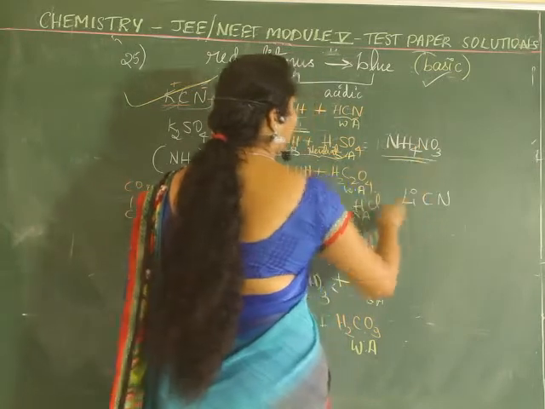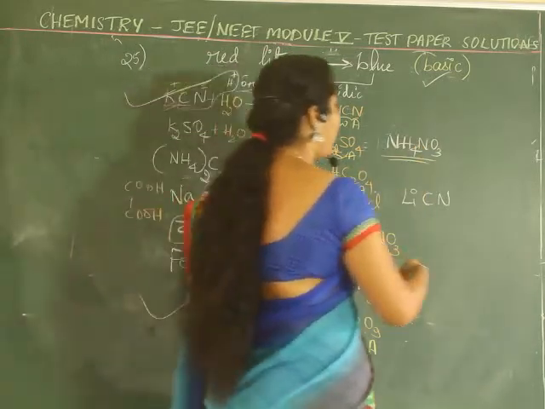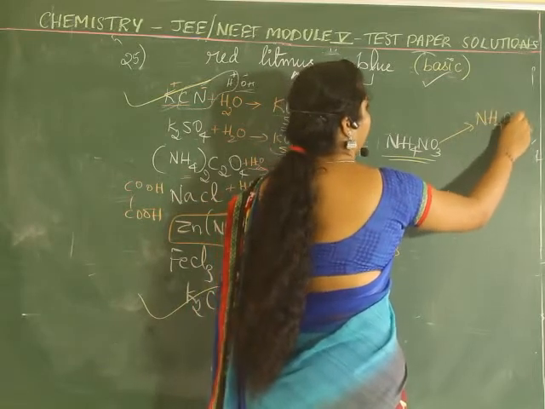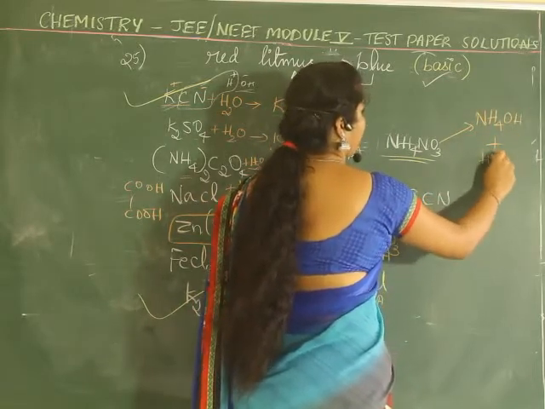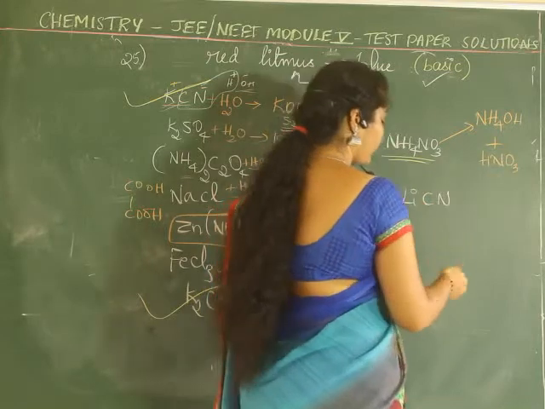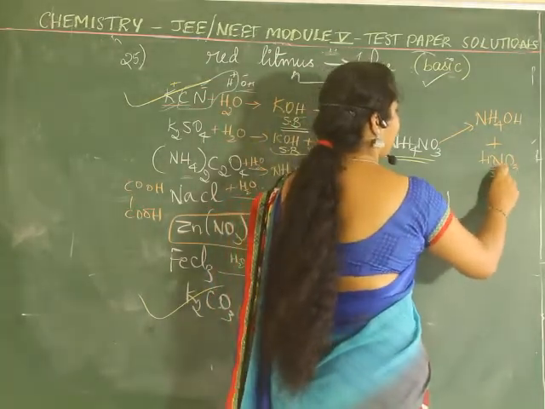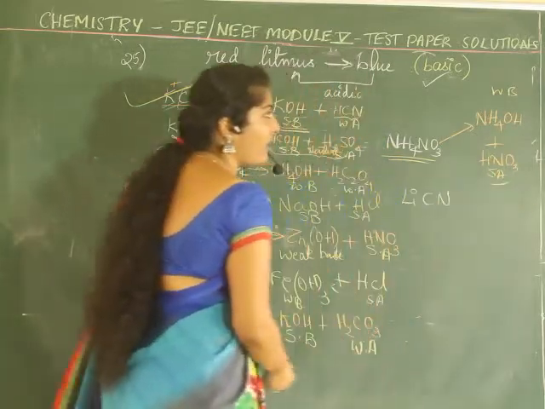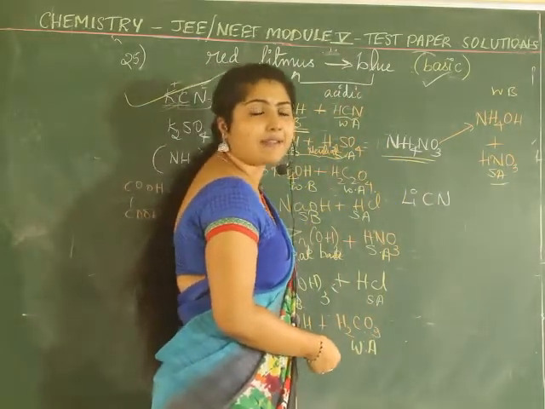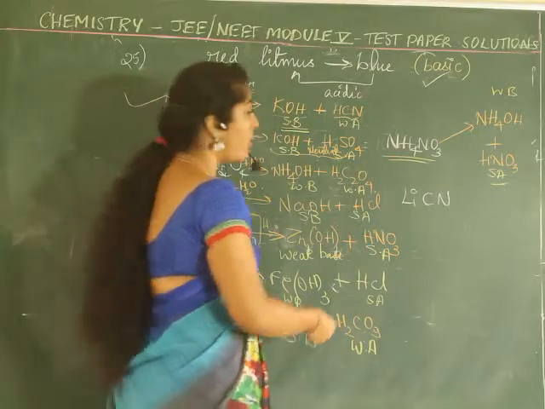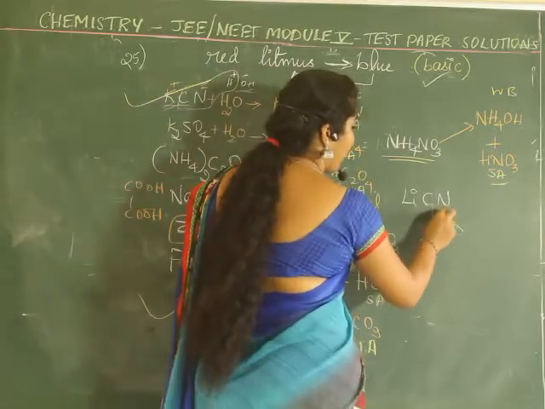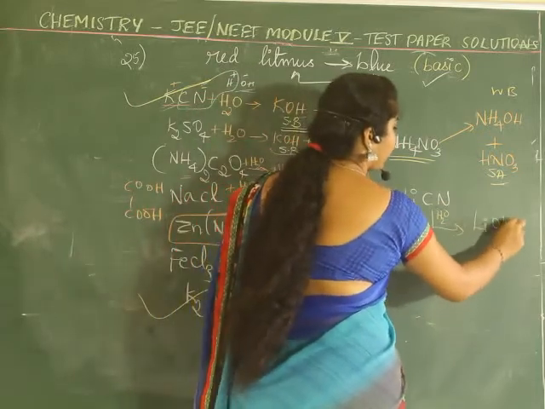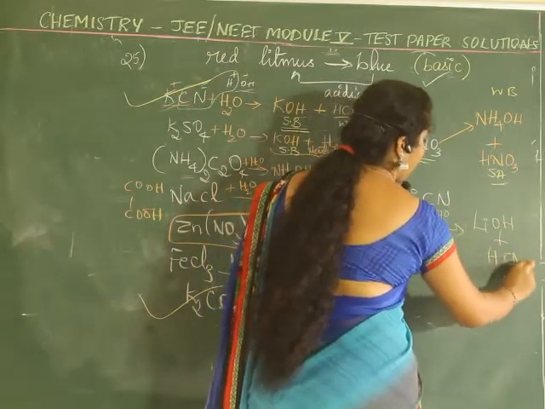In the other two options, we will see ammonium nitrate. Here you get ammonium hydroxide and nitric acid. Nitric acid is a strong acid and this is a weak base. So the acidic nature dominates here, and hence it cannot turn the red litmus into blue. Lithium cyanide: here you get lithium hydroxide and hydrogen cyanide.